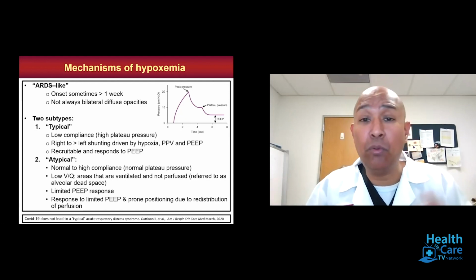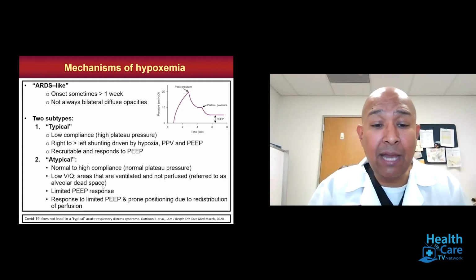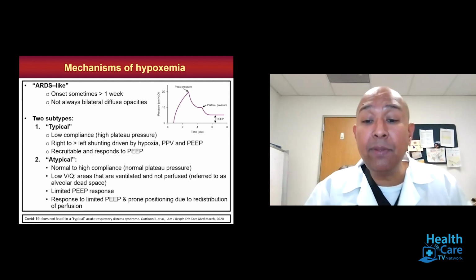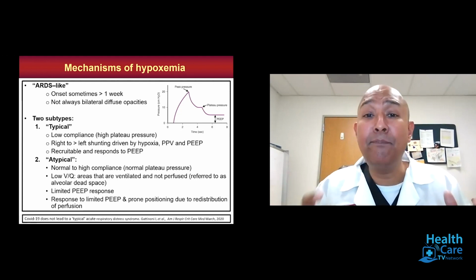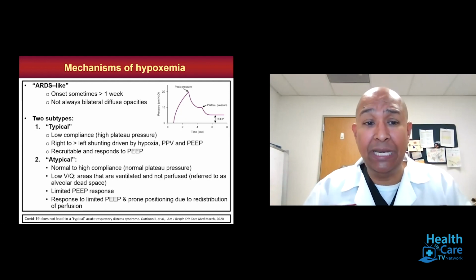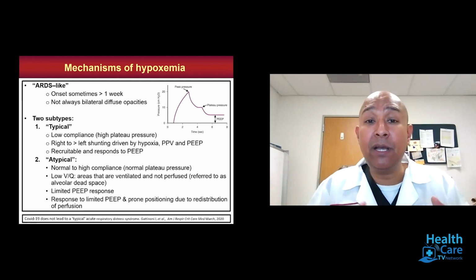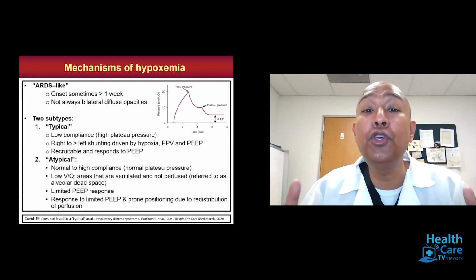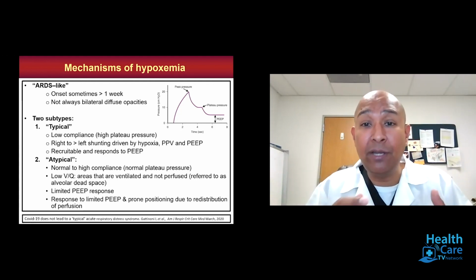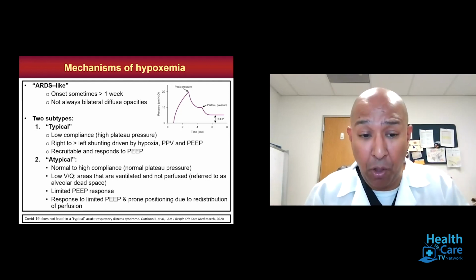Not to say we don't do proning in typical ARDS, but we are using PEEP, not a lot of it, and we're putting them in the prone position. And maybe the main reason we're getting a good response with prone positioning in these individuals is that you're getting better perfusion to some of the alveoli, really trying to improve that blood flow.